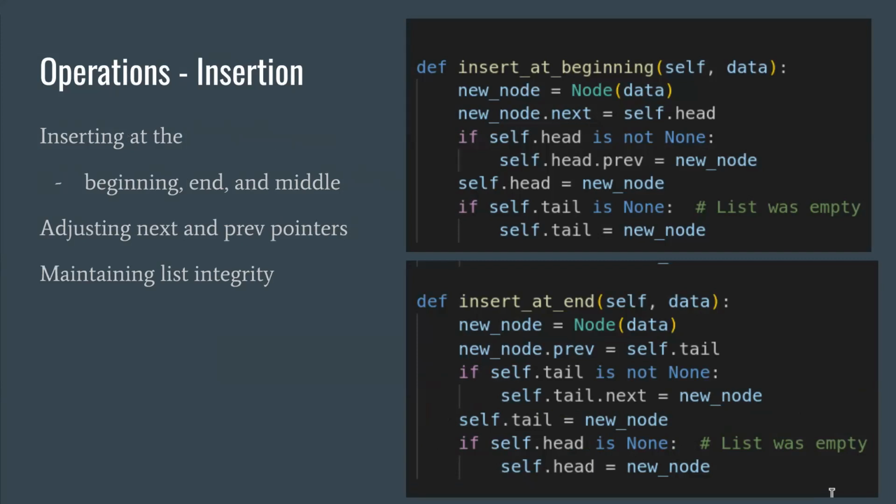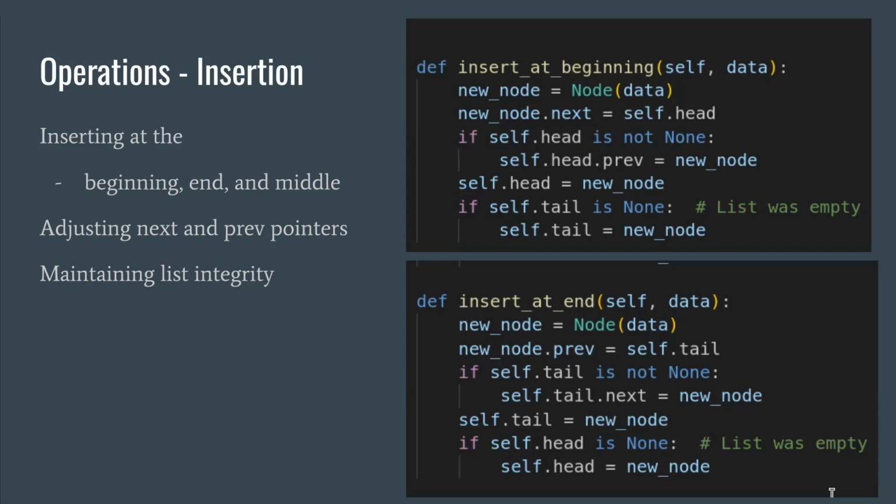Now let's look at insertion. Insertion in a doubly linked list can occur in various places: at the beginning, at the end, or in the middle.